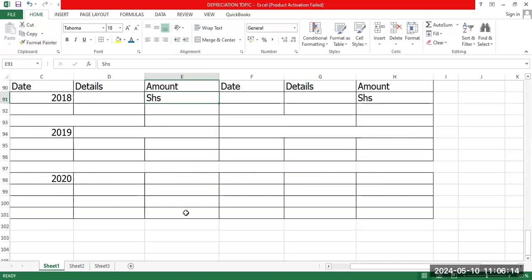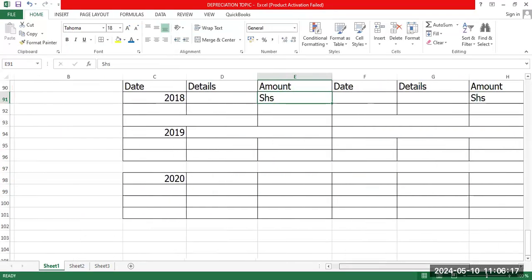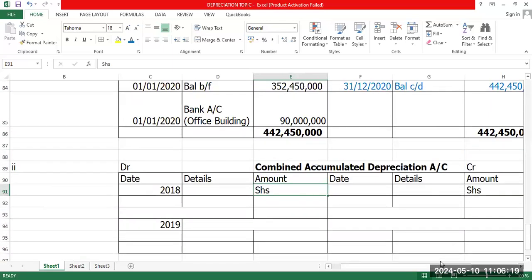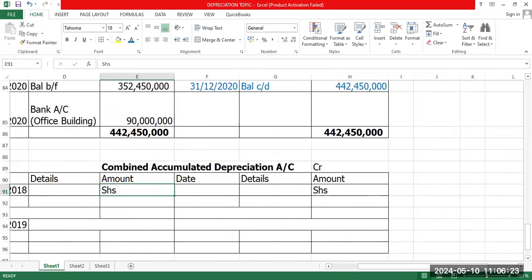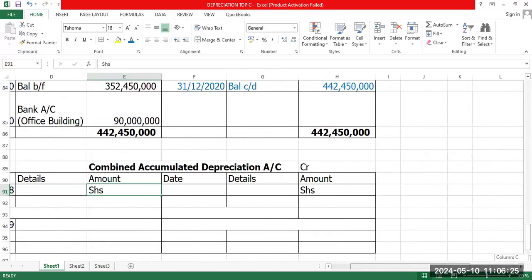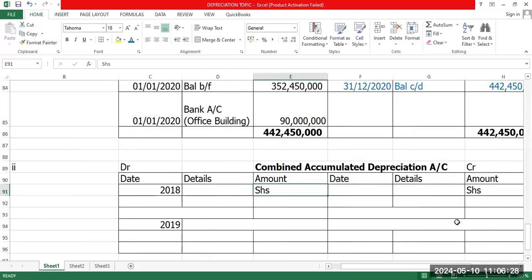So draw the format. And once you're done, let me know.